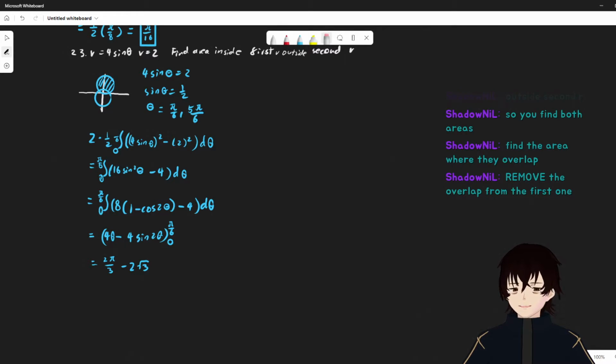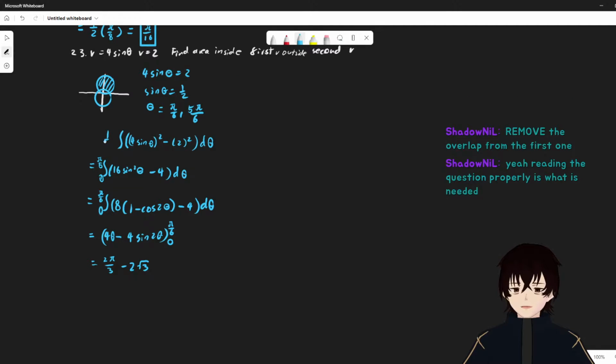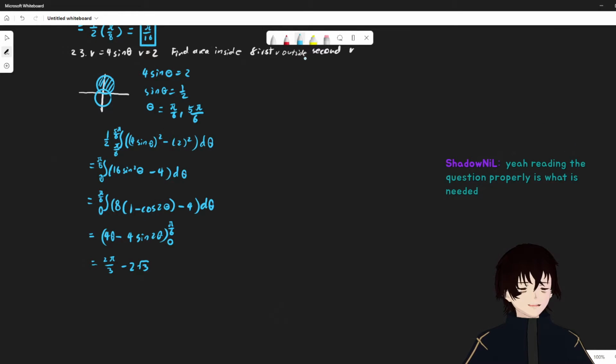That makes so much more sense. If that's the case, we can still reuse most of this. Except this time it's 1/2 from pi over 6 to 5 pi over 6. You saved me right there. I was wondering what was going on.